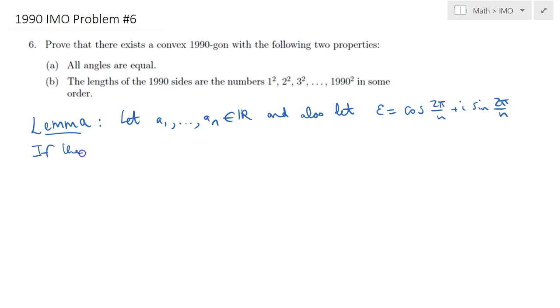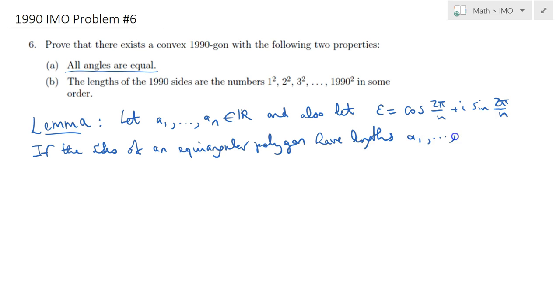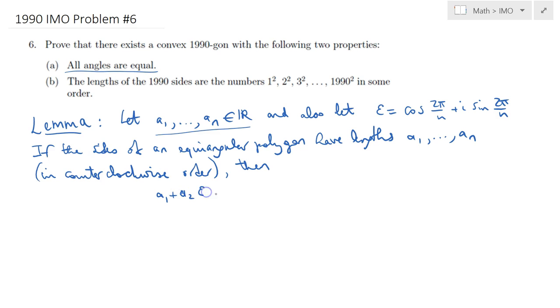If the sides of an equiangular polygon, a convex polygon like we have in our case here, have lengths a1 all the way to an, recall that these are all real numbers, but in a given order, in this case in counterclockwise order, then we have this very nice, cute result: a1 plus a2 epsilon plus a3 epsilon square plus all the way to a sub n epsilon to the power n minus 1.